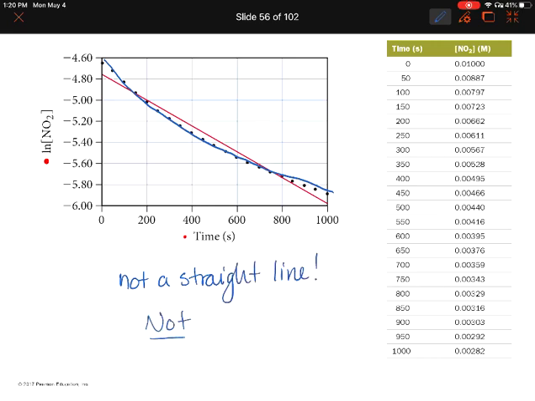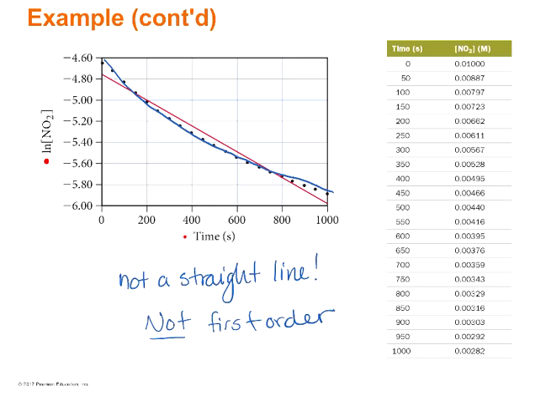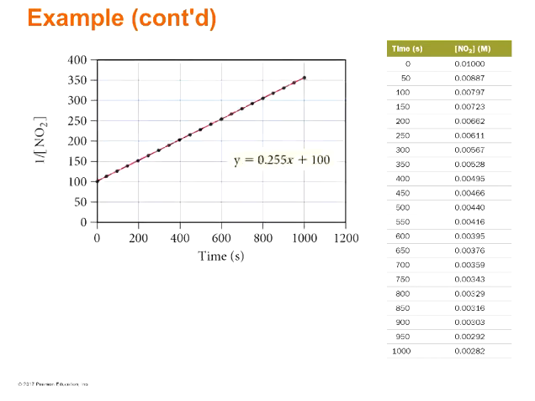So this is not a first order reaction. So now let's plot 1 over the concentration of NO2 versus time. And we get a straight line plot like we would expect for a second order reaction.